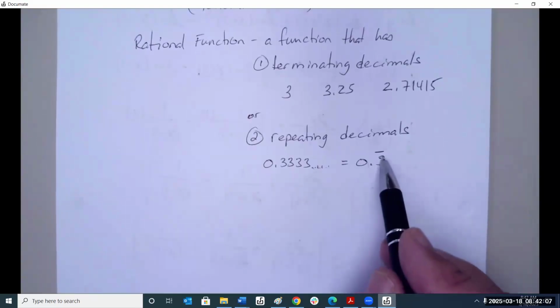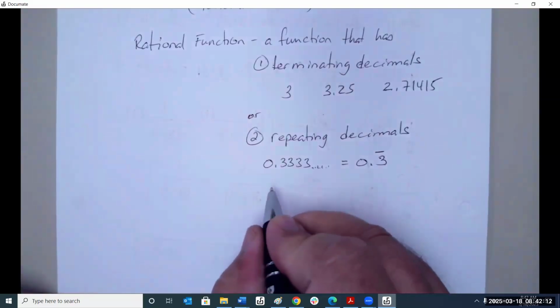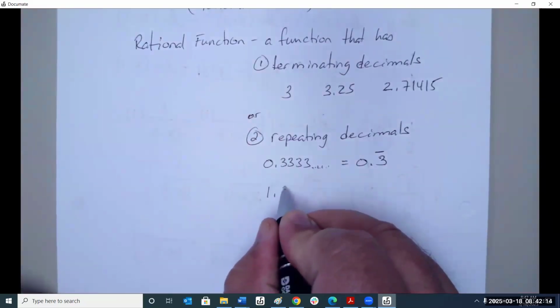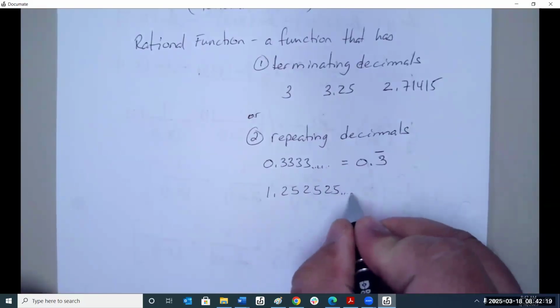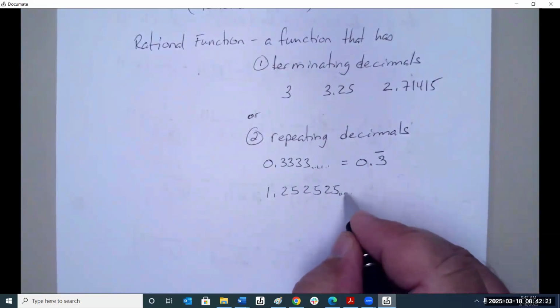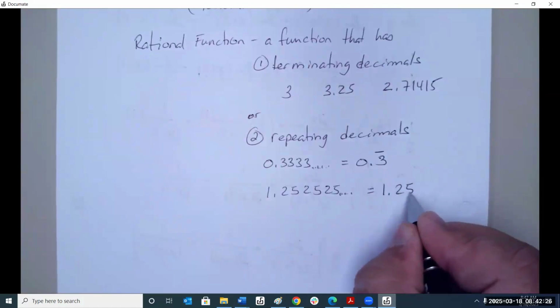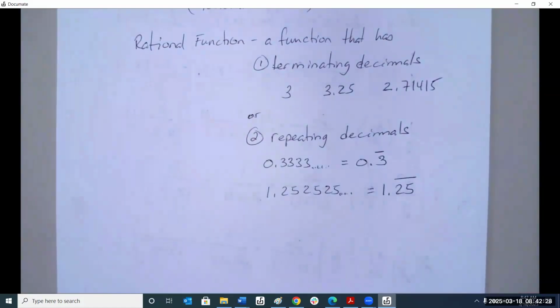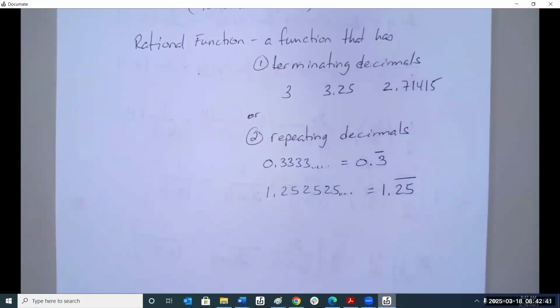That means that number is always repeating. 1.25252525. So what I put here is 1.25 with a bar over 25, since this pattern repeats. So a rational number is any number that has either terminating decimals or repeating decimals.